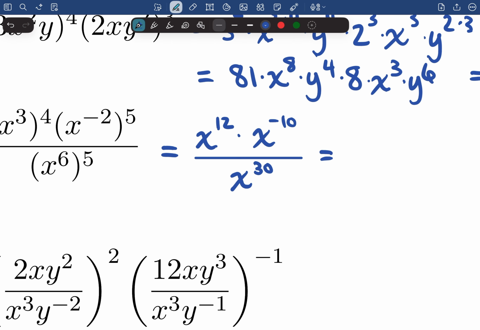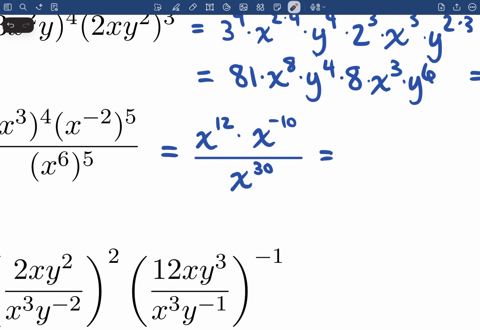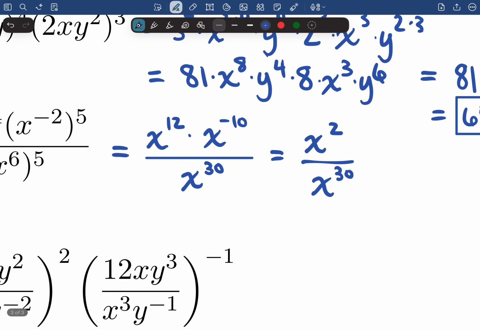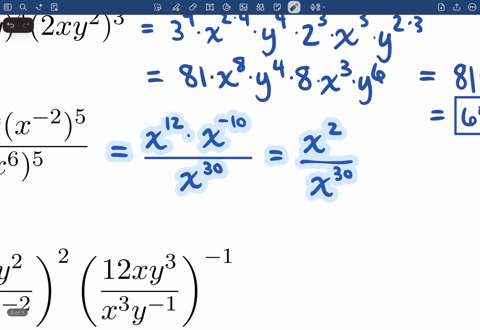So if I see x to the 12th times x to the negative 10, I could add their exponents together to combine the same base into 1. So I'll rewrite this as x to the 12 plus negative 10, but 12 plus negative 10 is 2. That's divided by x to the 30th. And now I see a quotient rule, right?